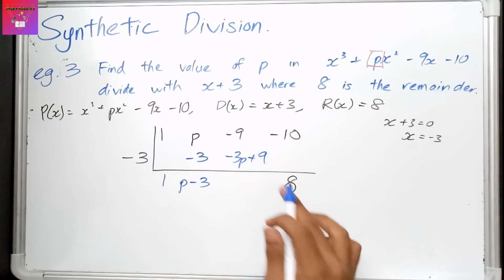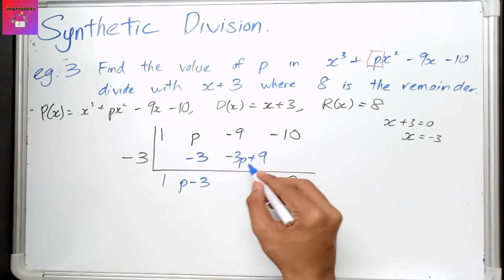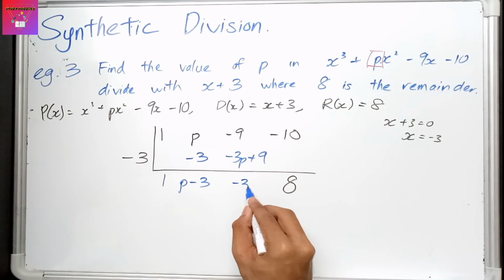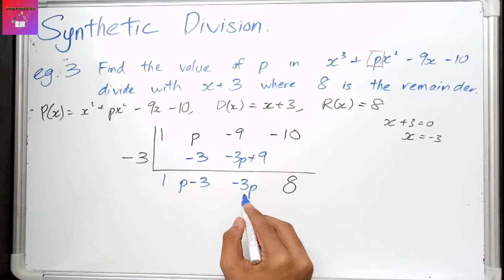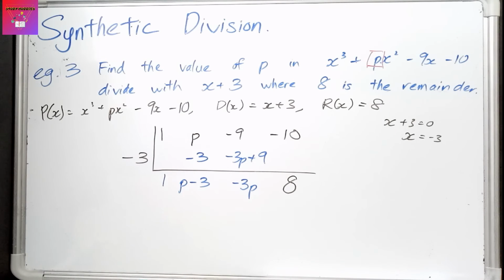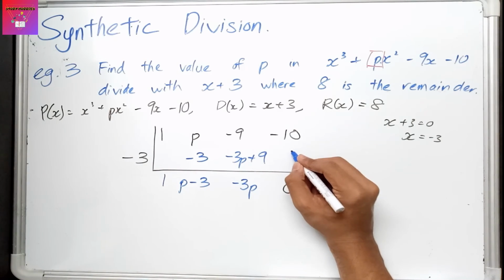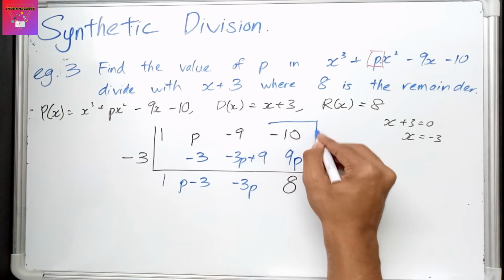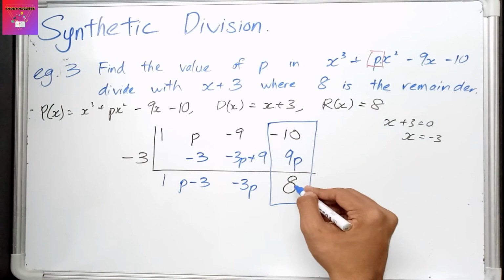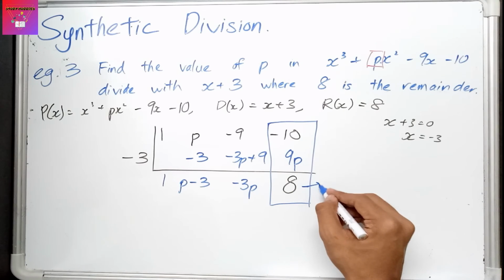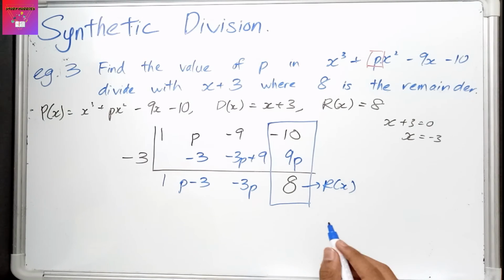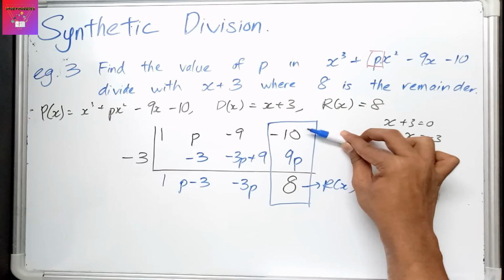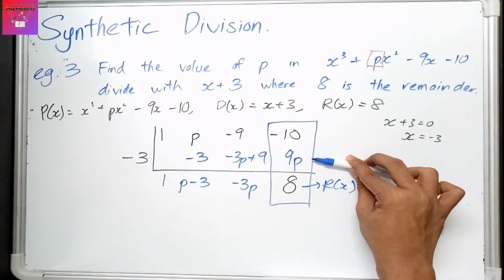Negative 3p plus 9 minus 9, you're going to get negative 3p. Negative 3p times negative 3, you're going to get positive 9p. And in order to get the remainder, what we usually do is take the number on top and add it up with the number at the bottom.